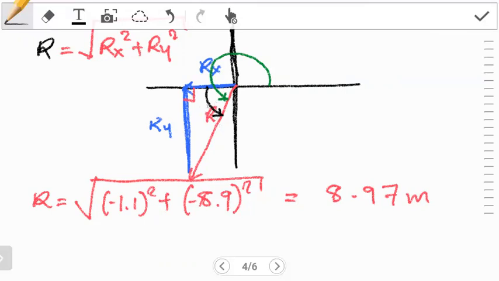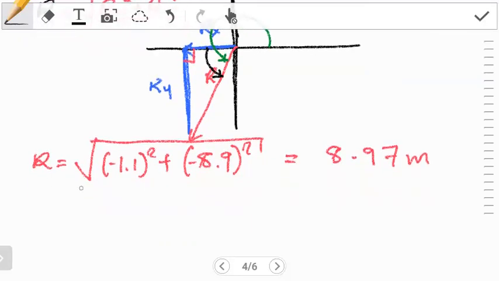By SOHCAHTOA, tan relates the opposite to the adjacent to give us the angle. So if we label this as theta, tan theta is equal to the opposite, which is Ry over Rx.